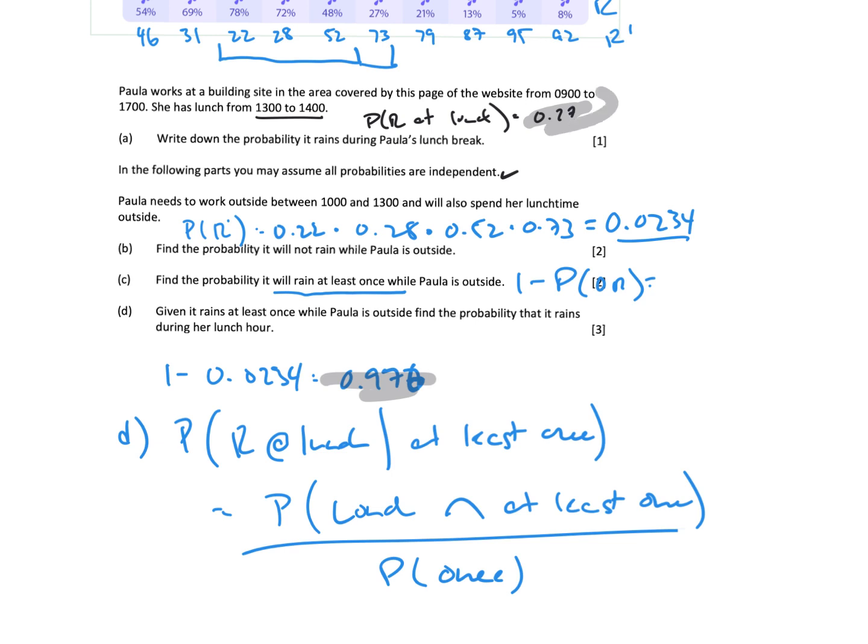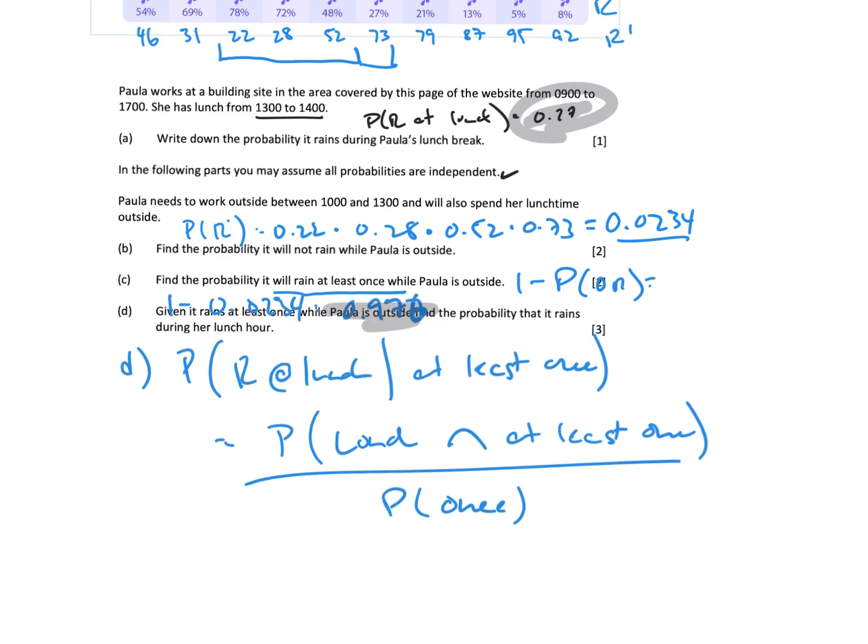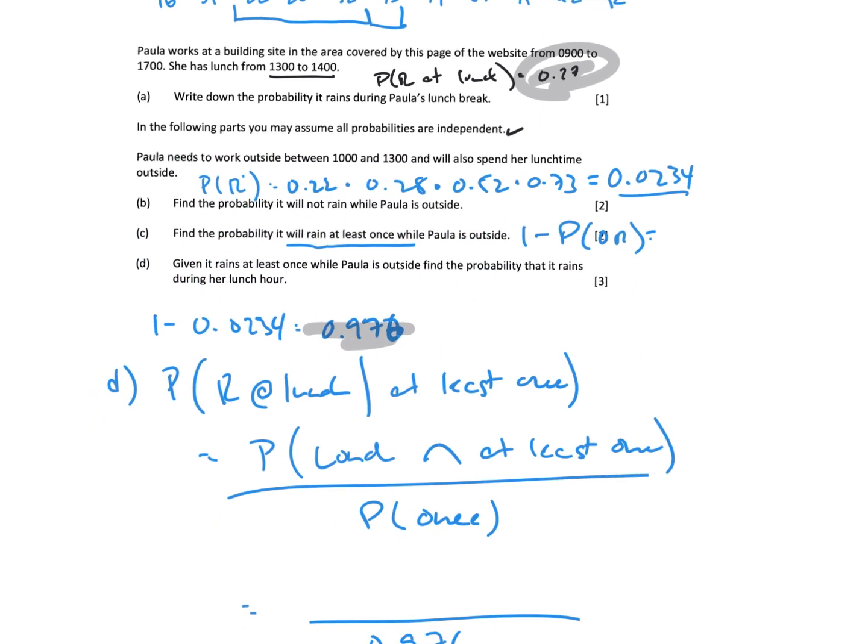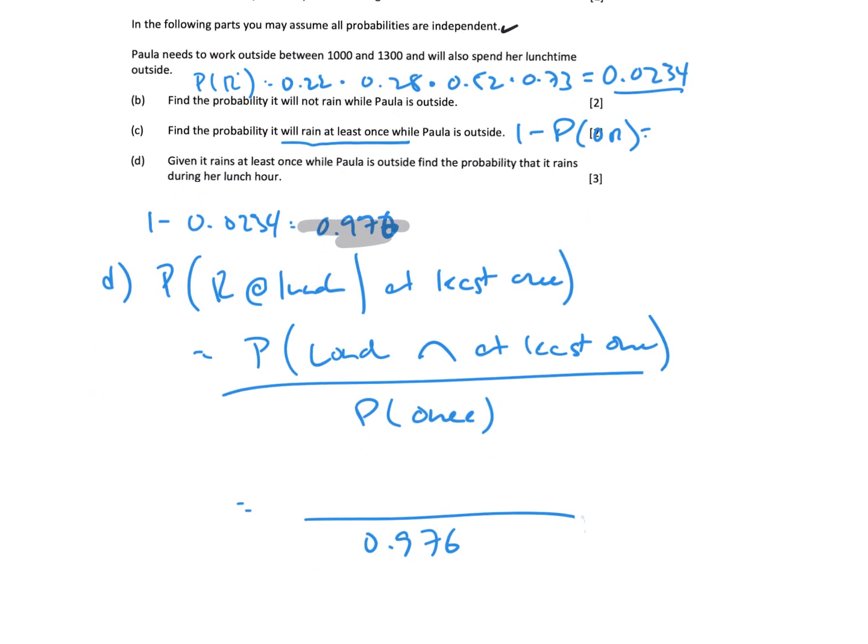Let me articulate what I'm trying to say. The probability of raining at lunch and at least once is just the same as the probability of lunch. So that means then that I'm going to take that initial probability of 0.27 divided by 0.976, and if I divide that, I get 0.276.